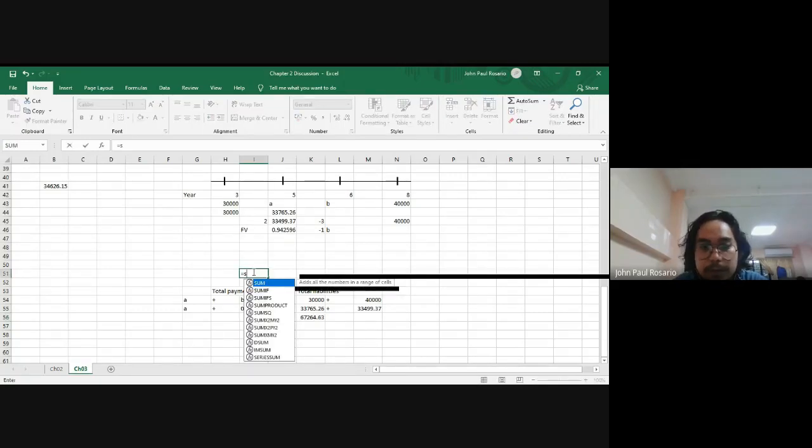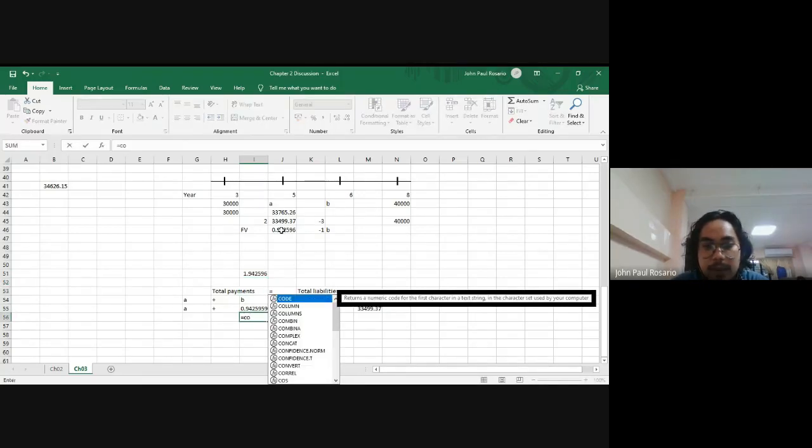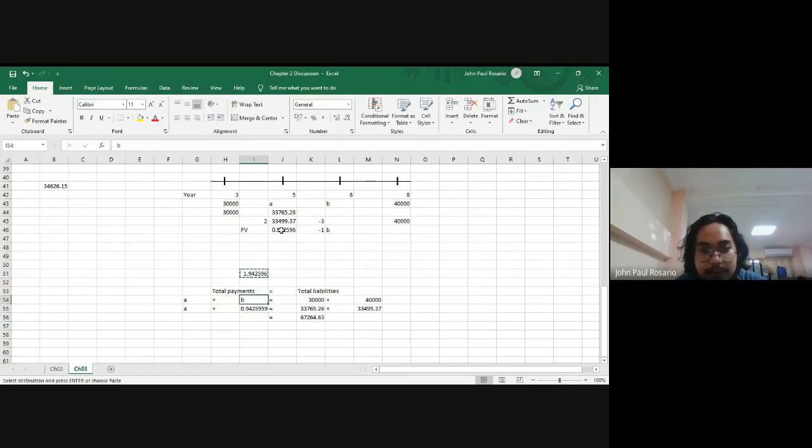Plus sum of 1. Then, meaning, we divide, we transfer the coefficient to the other side.